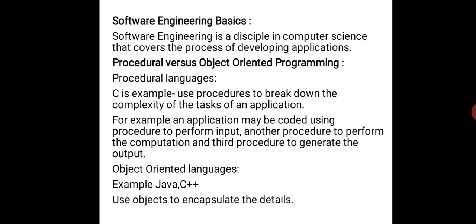So C is called a procedure oriented programming language. Another is object oriented languages. Example, Java and CPP. In CPP already you have studied objects. So these two languages use objects to encapsulate the details. So Java and CPP are called object oriented languages.